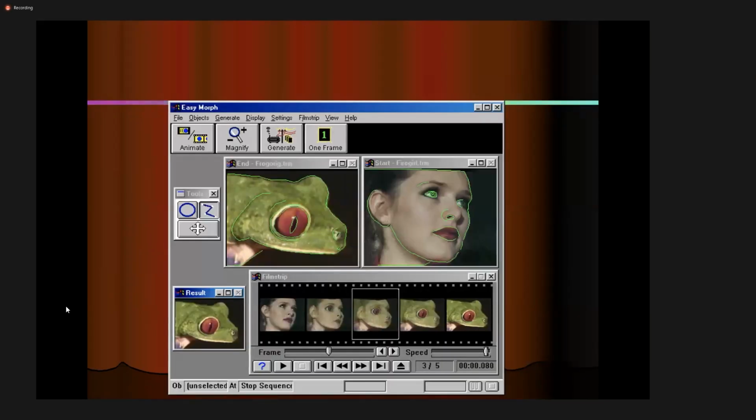Here you have one example for a morphing effect. You can see a reptile here, like a chameleon, and there's a girl. We give the shapes and map those shapes here and here.